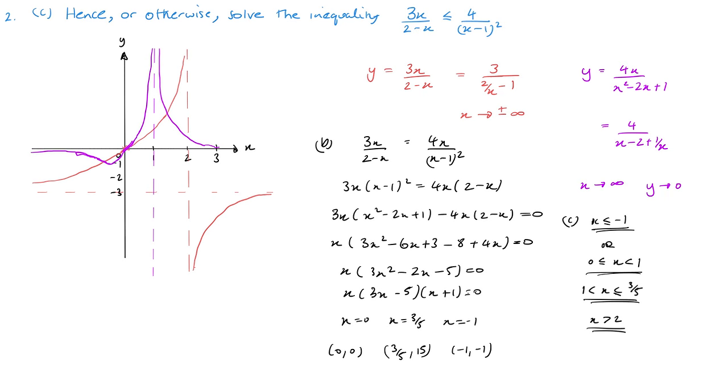Oh, hang on, it can be greater than or equal to 2 because that's the red asymptote, not the purple's asymptote. Okay, so it can be greater than or equal to 2. You can use an equals there because there's no actual red graph at that point. Anyway, that is now question 2 complete.